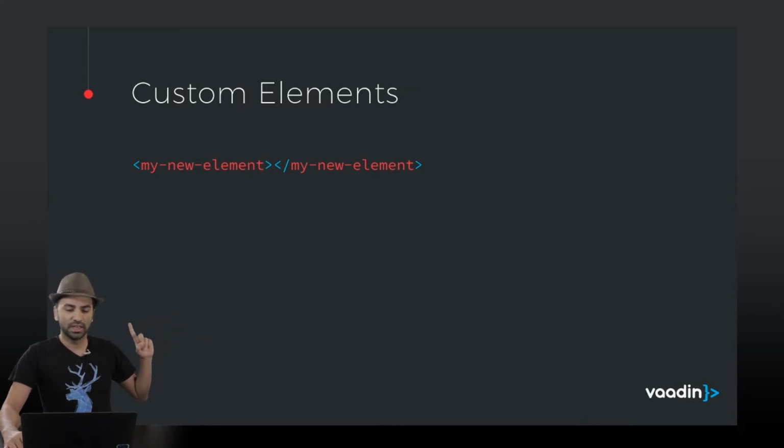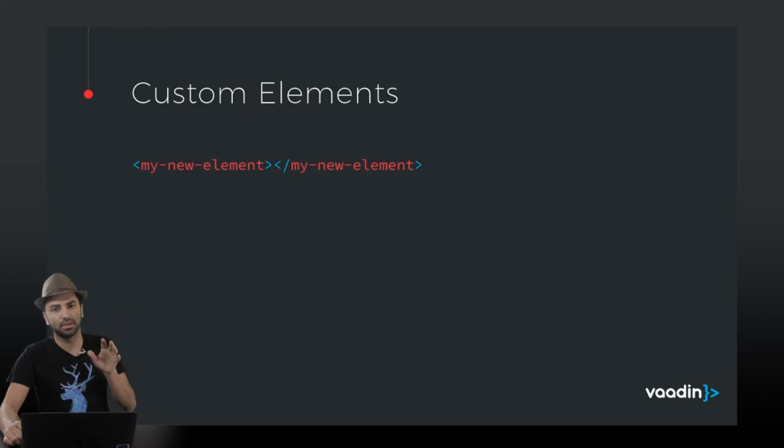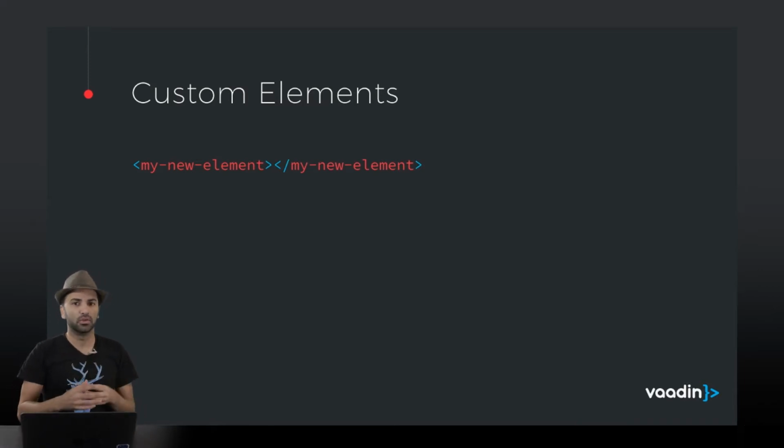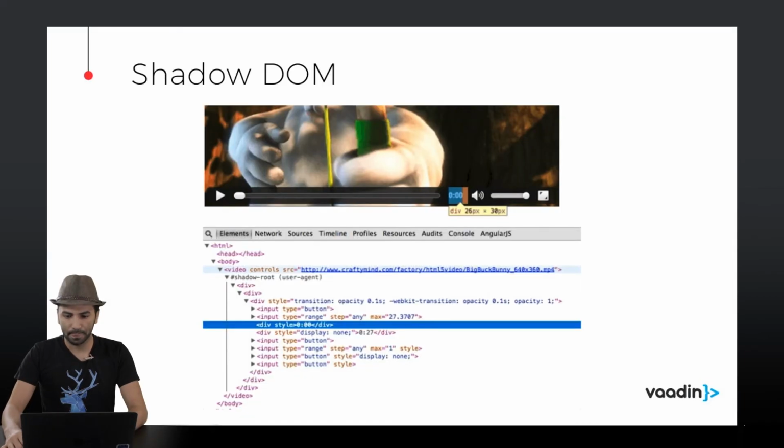The only constraint that you need to put here is that it must contain a hyphen, at least one hyphen. So my-element is accepted, my-new-element is accepted, but my element as one single word is not going to be accepted. That's also for standardization purposes, to differentiate mainly between custom elements and built-in elements.